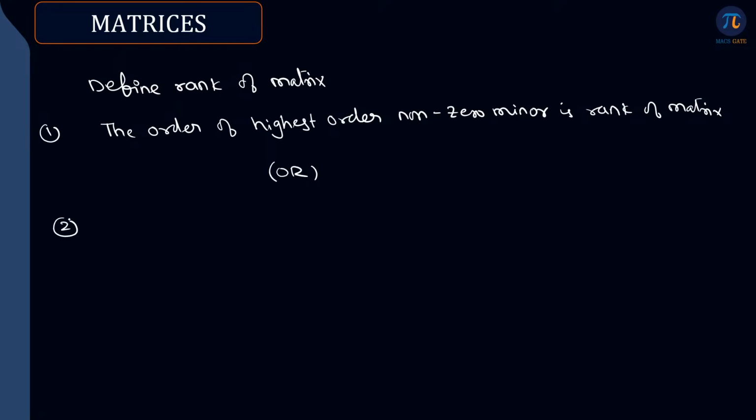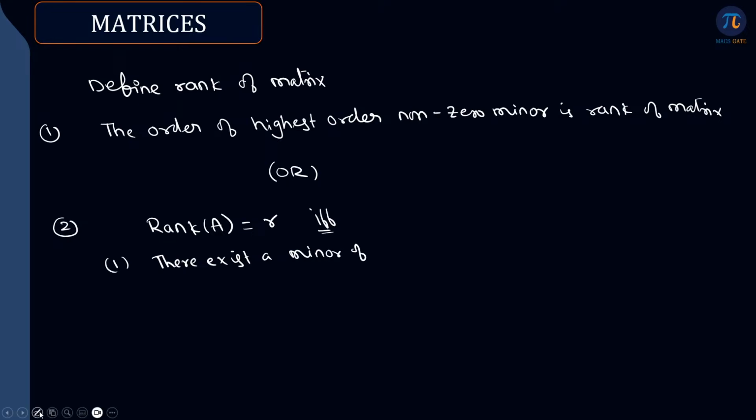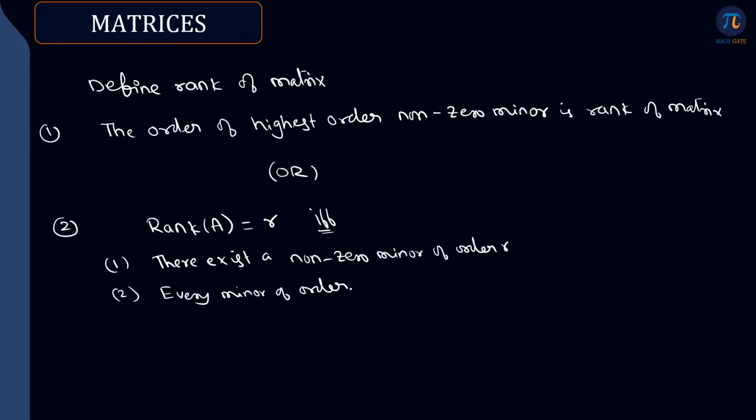One more definition is: rank of A is equal to R if and only if, first condition, there exists a non-zero minor of order R, and every minor of order greater than R is 0.